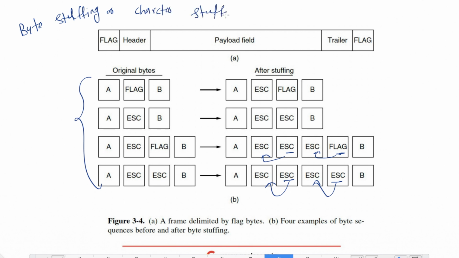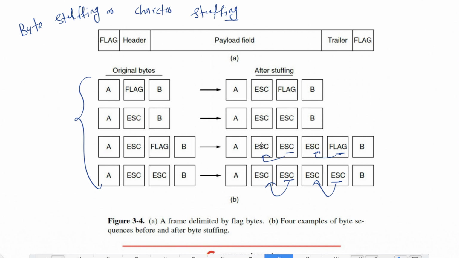But here you can see clearly a disadvantage, which is that if you have multiple ESCs or flags in your data, then unnecessarily you are stuffing too much and your data size will be too much. Which is not desired, because you are sending unnecessarily many bits, which the receiver is anyway going to remove.